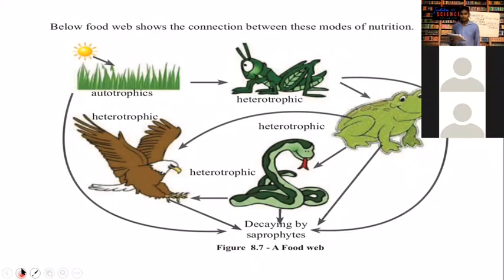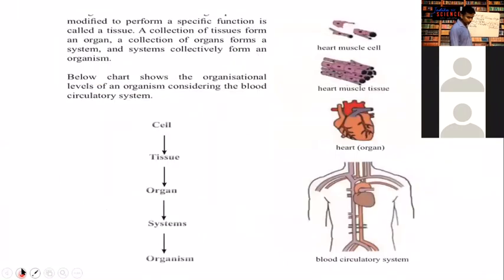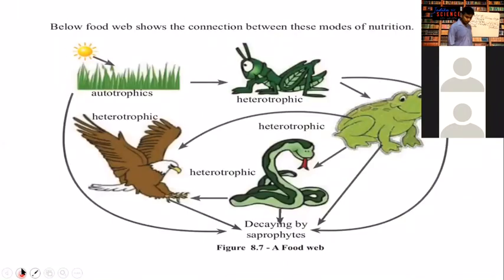The organisms who cannot produce their own food. So there are some organisms which cannot produce their own food. I discussed with you there what they call autotrophic, meaning the organisms which can produce food by themselves. What is the name given for the organisms which cannot produce food by themselves?